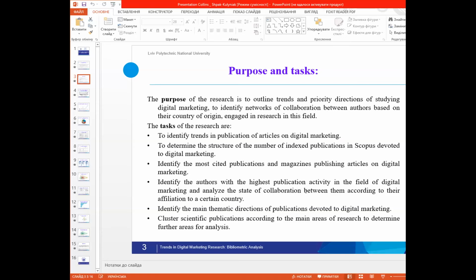Also to identify the main thematic directions and cluster scientific publications according to the main areas of research.